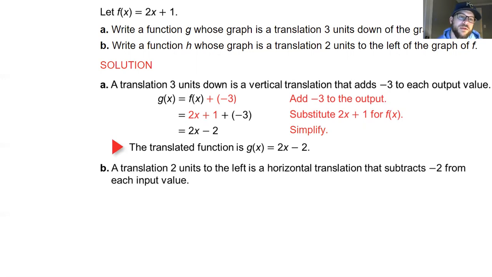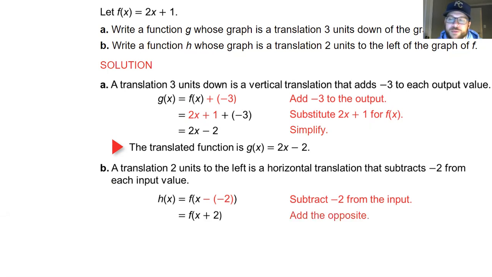Moving on to part B, taking your original f of x of 2x plus 1, a new equation h is being translated 2 to the left. That means you are subtracting 2 from each of the input values. Because of the horizontal translation, that's why it's inside the parentheses. So when you write your f of x, you are subtracting that -2 from the input, which becomes the opposite because it's inside: 2 times (x plus 2) plus 1.